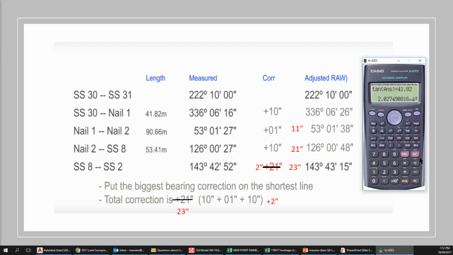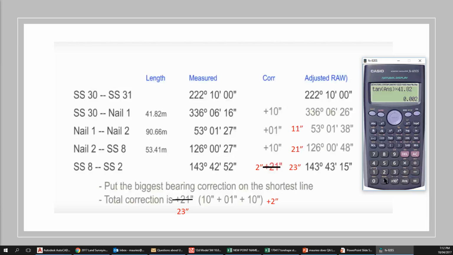We get 2.2, and that's actually millimeters, because that's times 10 to the negative 3. Let's go shift mode 6 and set 3 decimal places. So that's 2 millimeters: 10 seconds over 41.82 would subtend an arc of 2 millimeters.